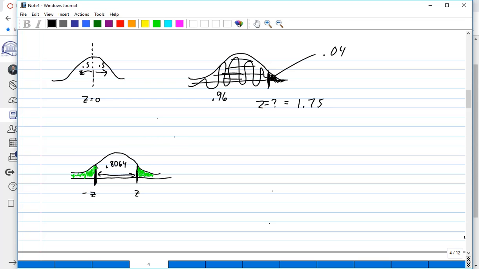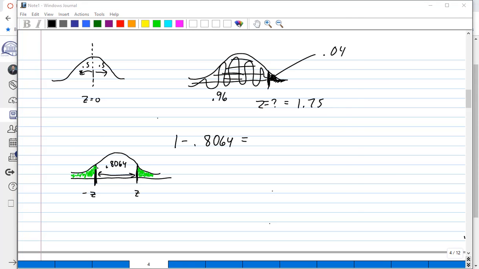Right? So if I want to know the area of these two pieces, I can say 1 minus 0.8064. Alright, so if I say 1 minus 0.8064, that's going to give me the area of the two regions.